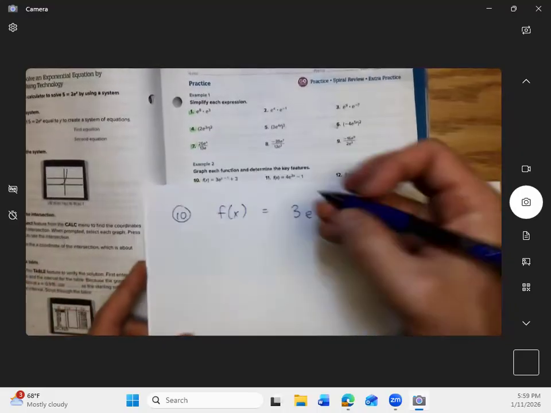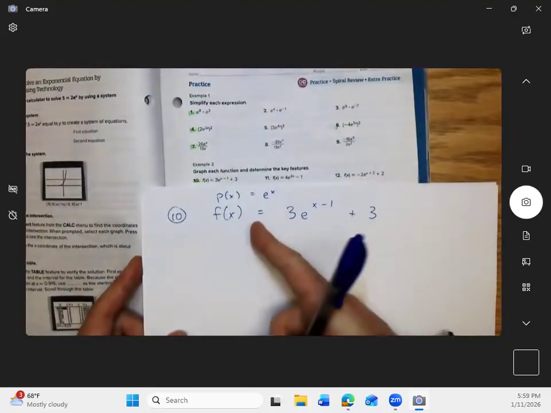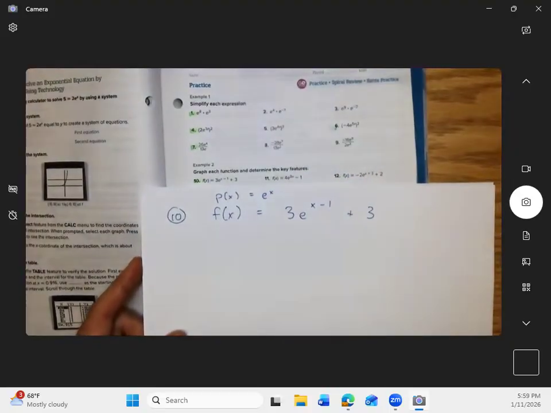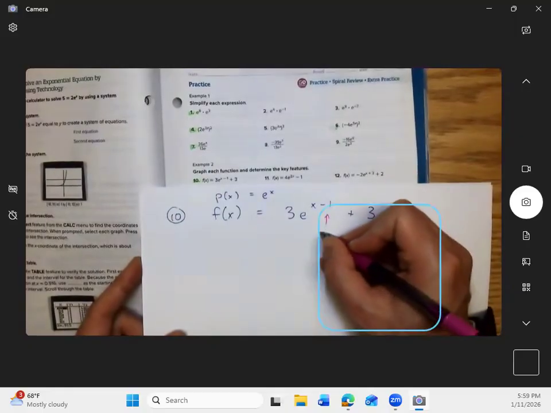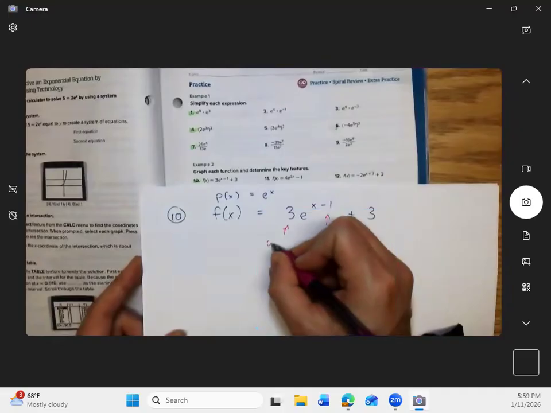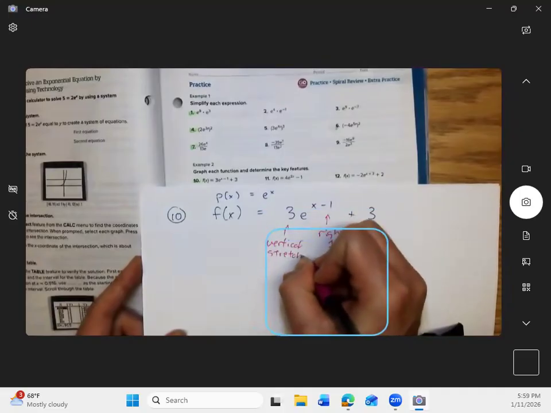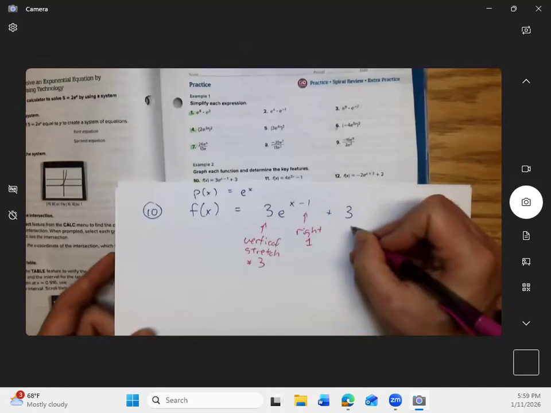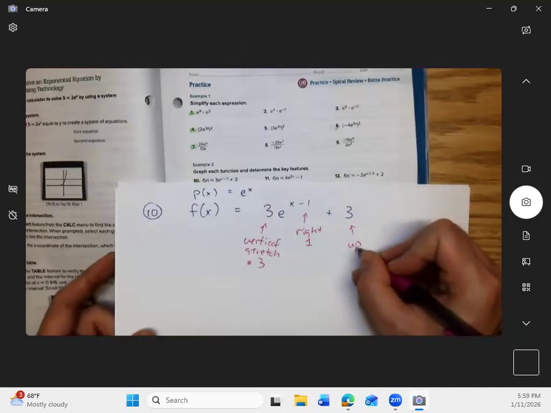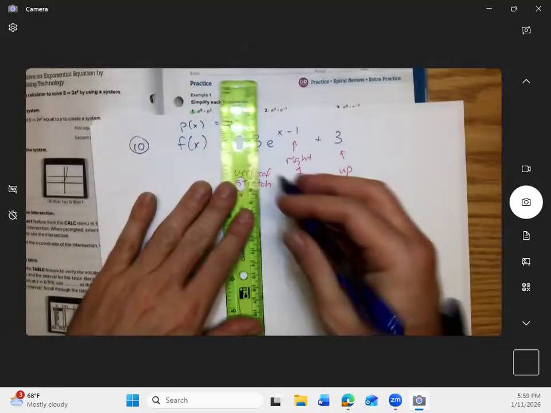From the parent function e^x, relative to that, this is telling you go right 1, vertical stretch factor of 3, and this last one says go up 2. Okay, so let's put that all together here.